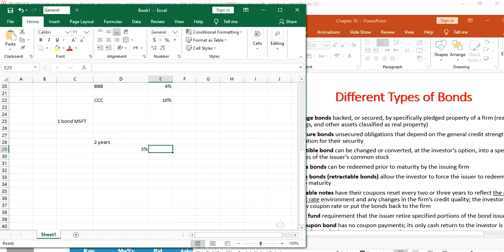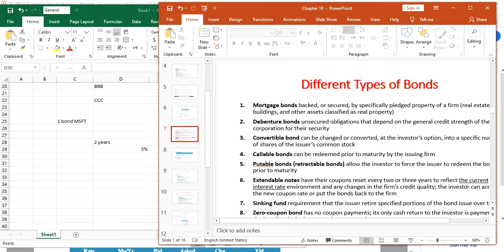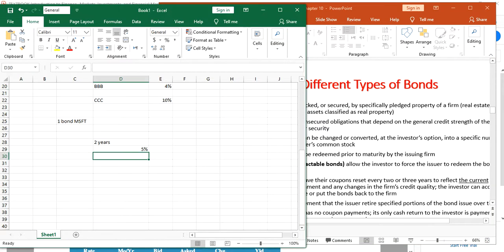Okay, but there's an option that can be this: after 2 years the bond can be redeemed, or based on both parties' agreement, due to the change in the quality of the company or due to the environmental or market interest rate or economic conditions, they can set up a new interest rate for a new period after 2 years, for example.